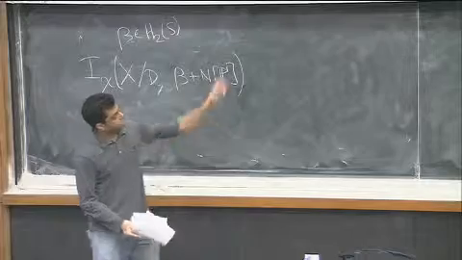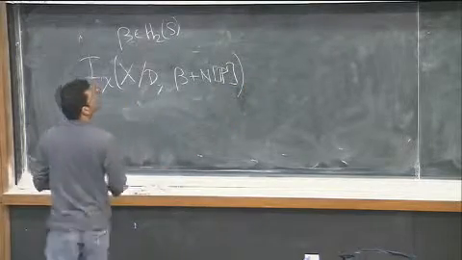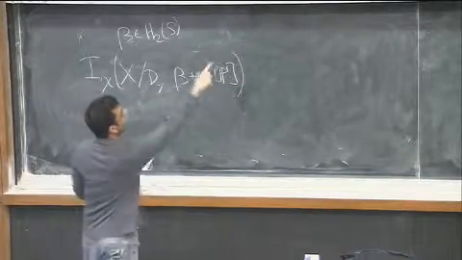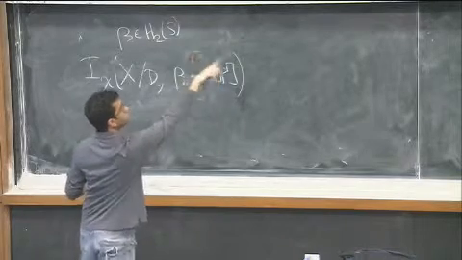And because I have these 3 relative divisors, I have 3 versions of this horizontal map up there.